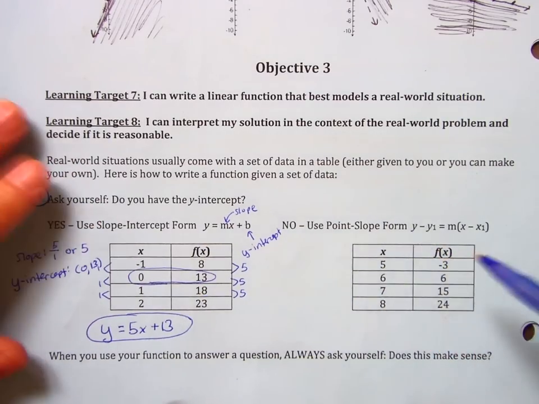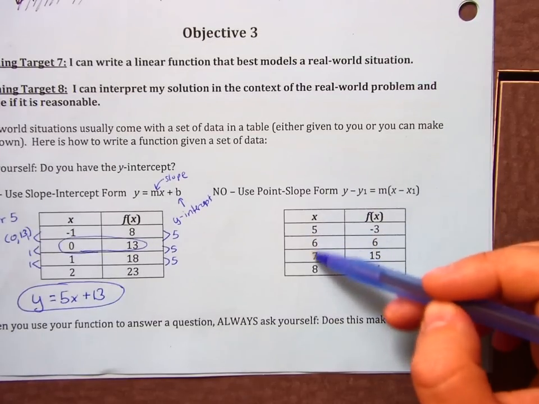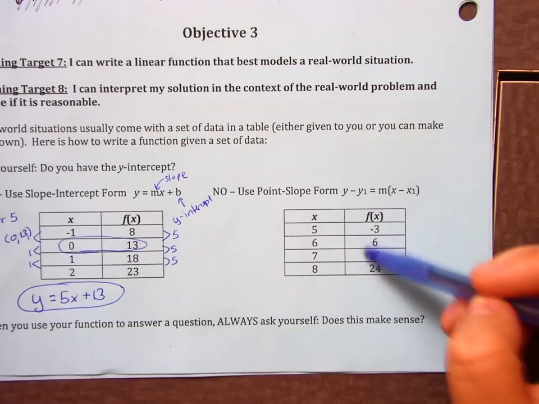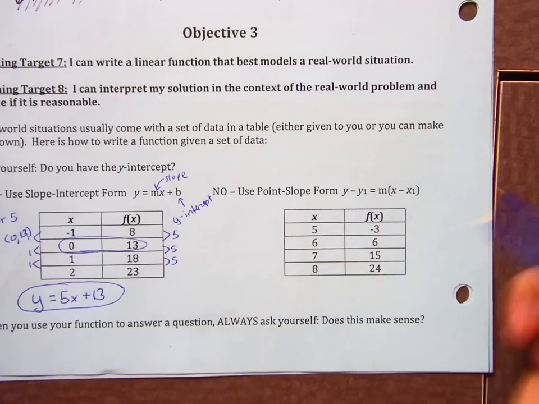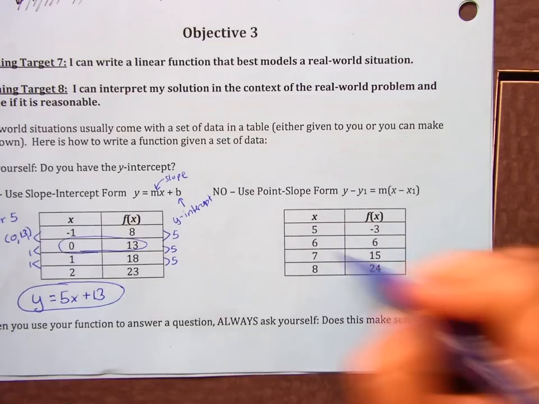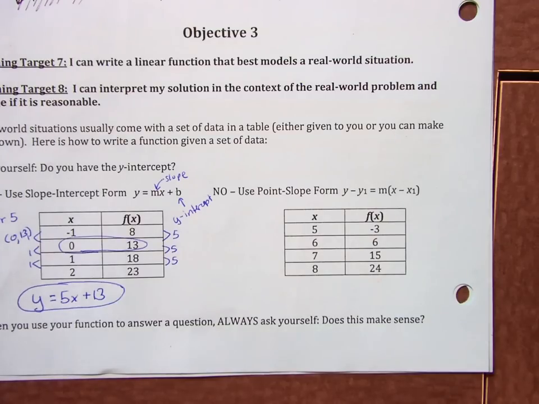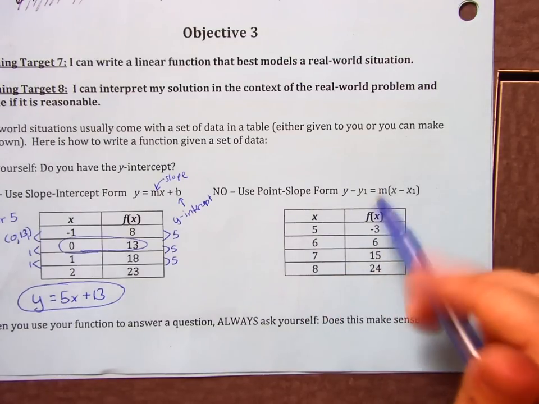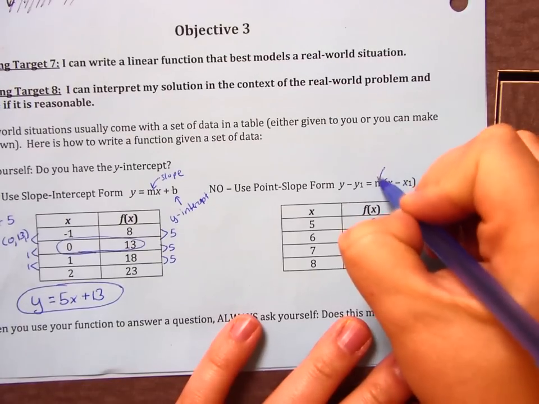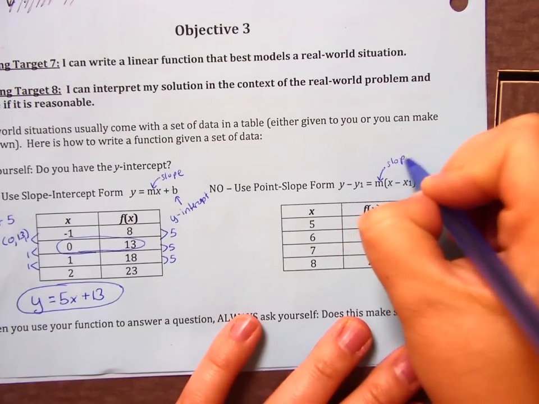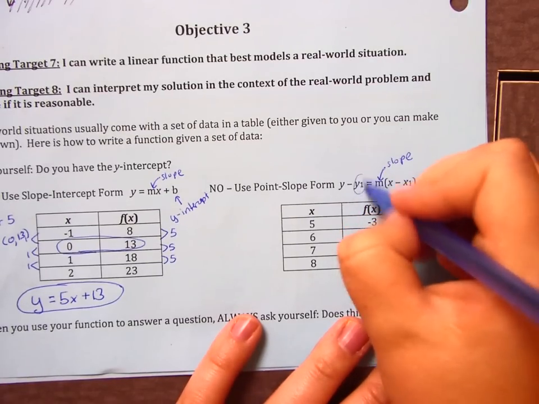If the answer is no, if you look over here, there's no y-intercept in the values listed. There's no spot on this table right now where the x value is 0. So if you don't have the y-intercept, you can use point-slope form. Because in point-slope form, you need the slope and any point.